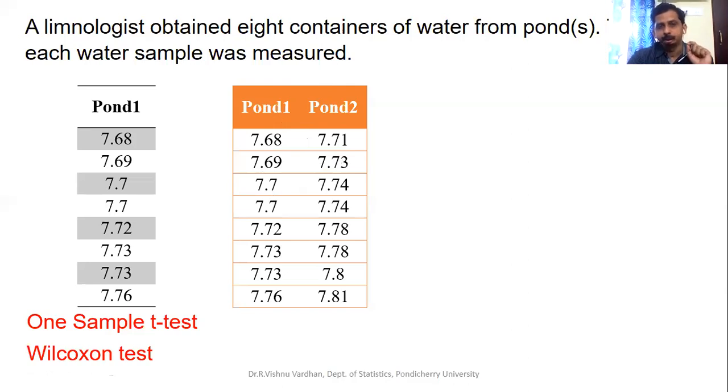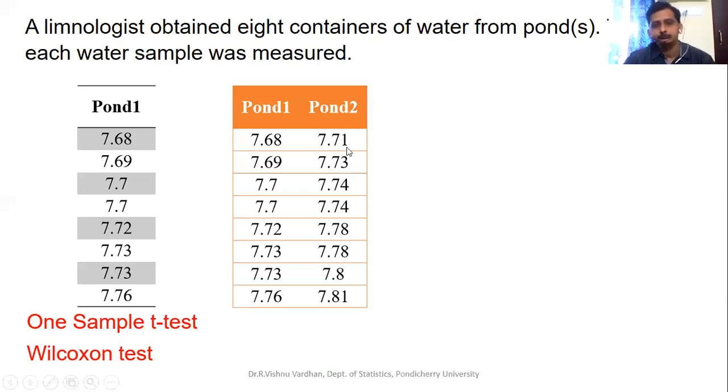Okay, suppose I know the pH level of pond 2 will be more than 8, then I can define mu1 less than mu2, and it will become a one-tail test. The critical region will be on one side only for possible rejection of the null hypothesis.